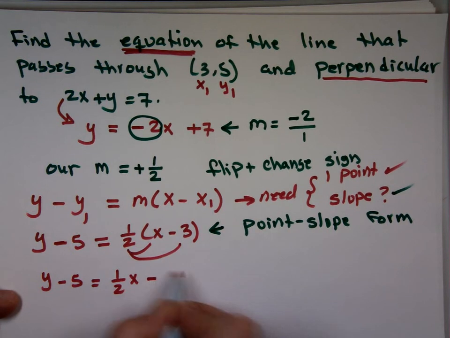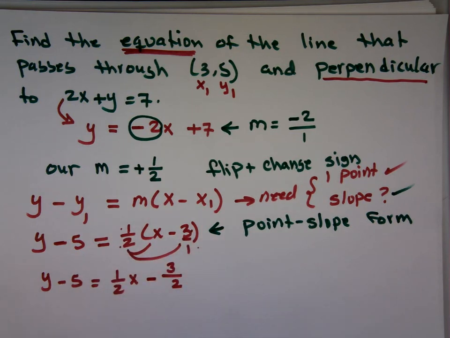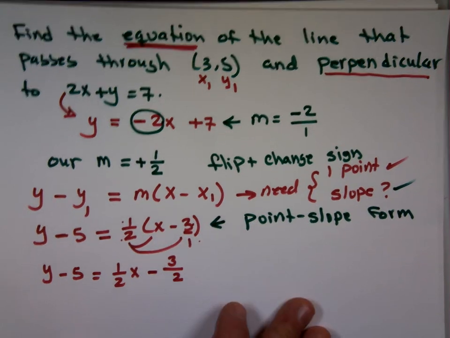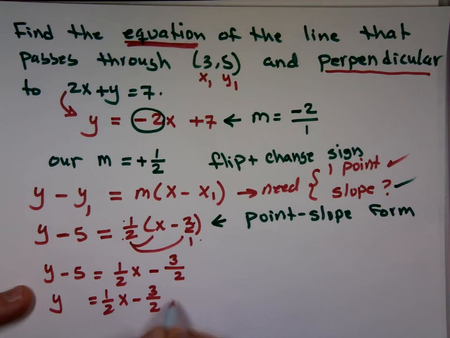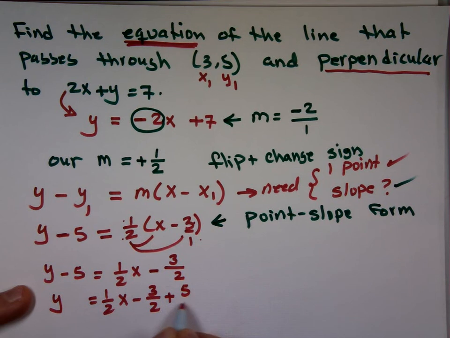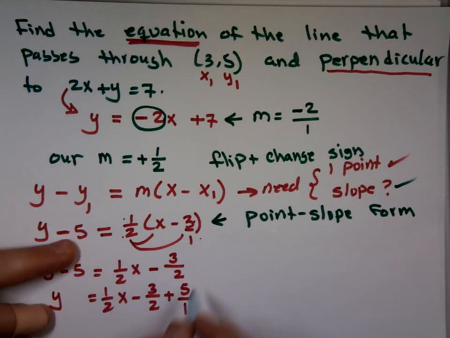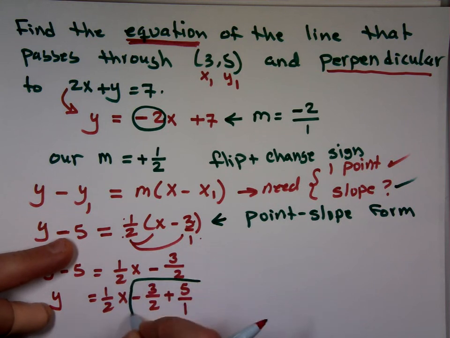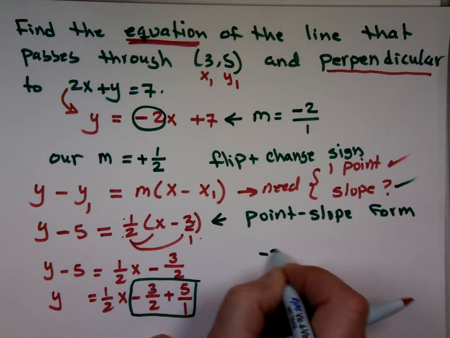When you multiply a fraction, the top times the top, the bottom times the bottom. Take the minus 5 to the right side. This becomes 5 plus 5, or 5 over 1. How would you add these two numbers? Yep, common denominator, which is what? Which is 2.